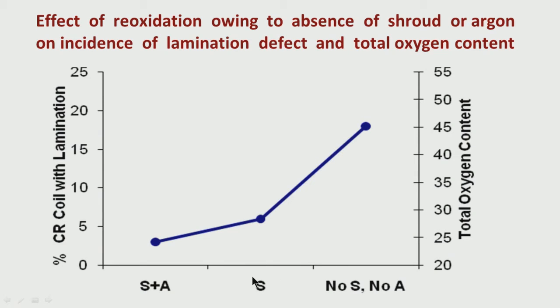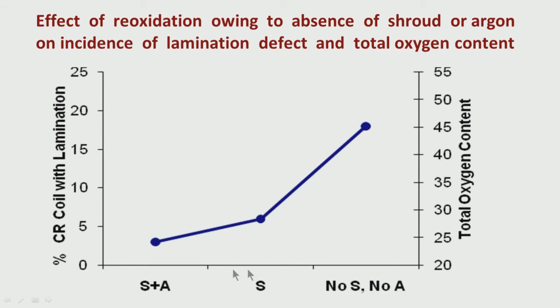What is shroud doing? It is not allowing the liquid steel to get in touch with normal air, from which oxygen pickup and nitrogen pickup will be there. On top of that, if you use argon shrouding, that means refractory shroud plus argon, as I have told you earlier, then your total oxygen can come down to 25 ppm.